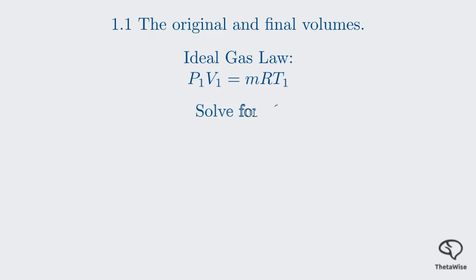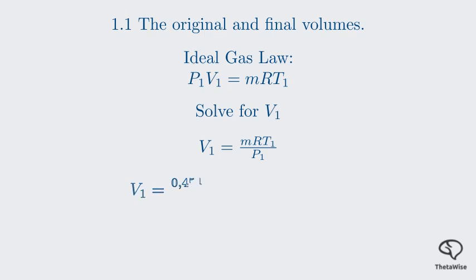To find the initial volume, V1, we can use the ideal gas law as we have the initial pressure, mass, gas constant, and temperature. The ideal gas law is P times V equals m times R times T. We need to solve this for V1. Rearranging the formula gives us V1 equals m times R times T1, all divided by P1. Now let's substitute our known values into the equation.